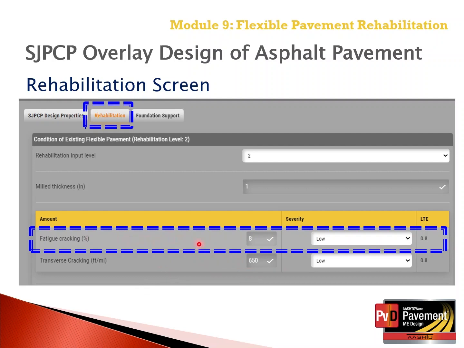The program will use bottom-up fatigue cracks to look at the damage in the existing asphalt pavement. However, there will only be a specific amount of fatigue percent cracking used in the design computations, which will be explained and defined on the next slide.